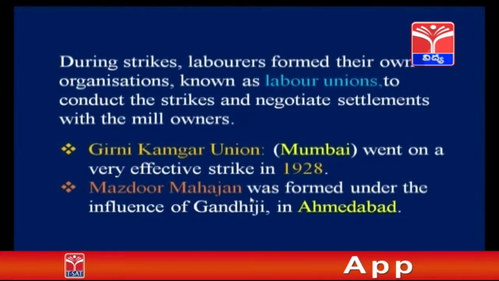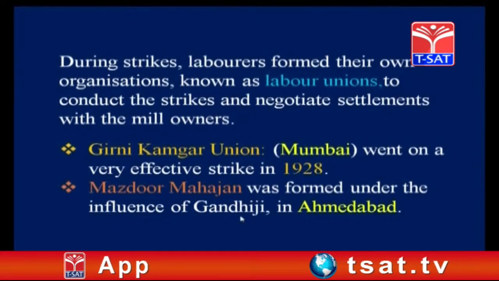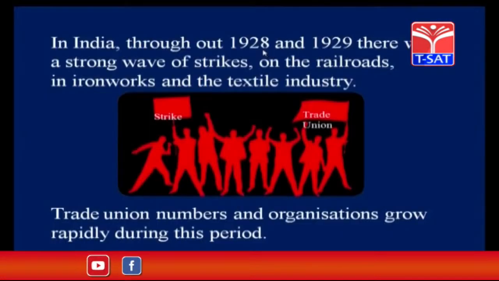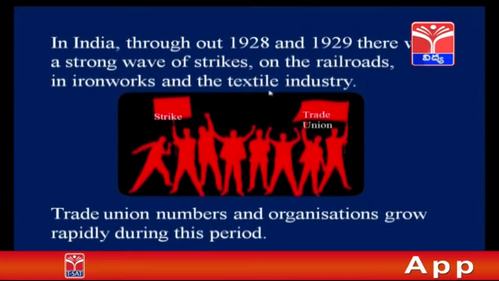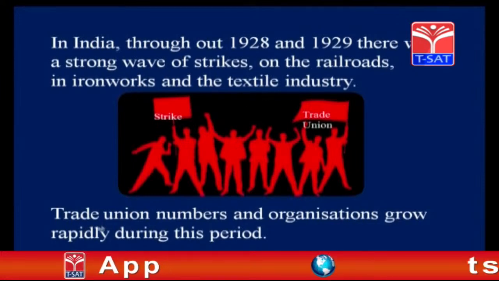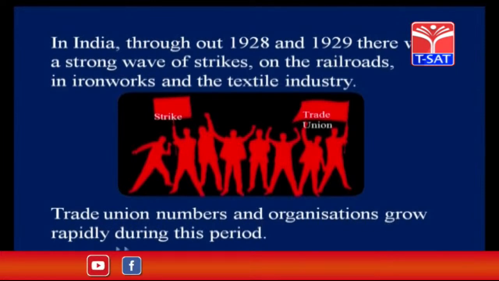This union was formed under the influence of Gandhiji in Ahmedabad. In India, throughout 1928 and 29, there was a strong wave of strikes on the railroads, ironworks and the textile industry. Trade unions, that means organizations on behalf of laborers, grew rapidly during this period.